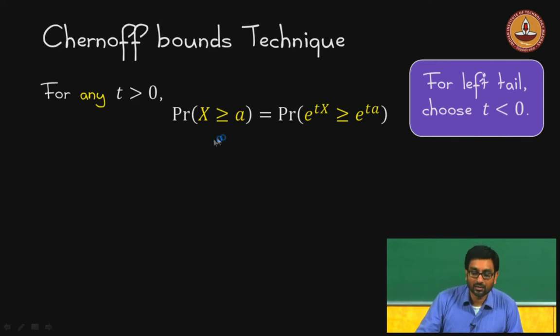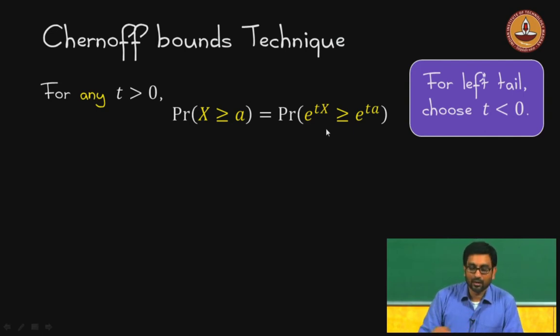And we morph this event, x greater than or equal to a, to e to the tx greater than or equal to e to the ta. So, basically we are exponentiating on both sides. So, the inequality stays the same. So, the event is really capturing the same thing. So, the two have equal probabilities. And so, you can easily see the analogy between this and Chebyshev's inequality. It is essentially the same idea, but here we are pushing into the limits, not just squaring it, we are exponentiating.